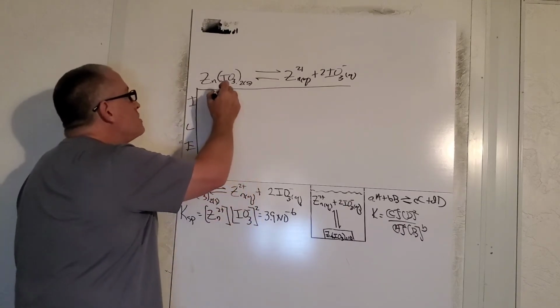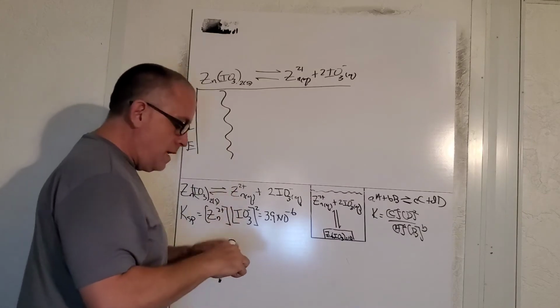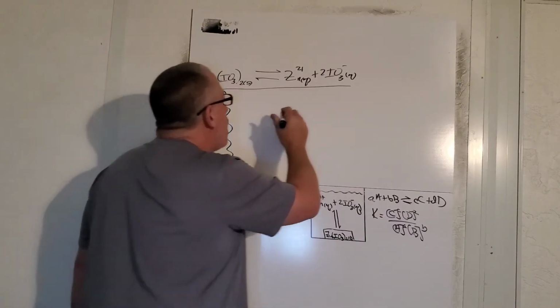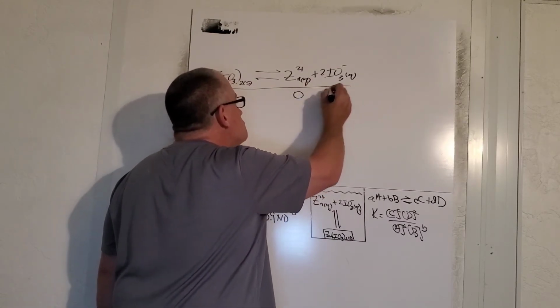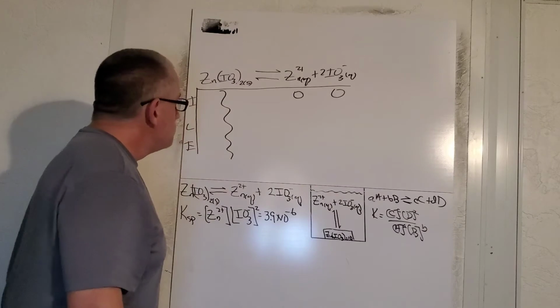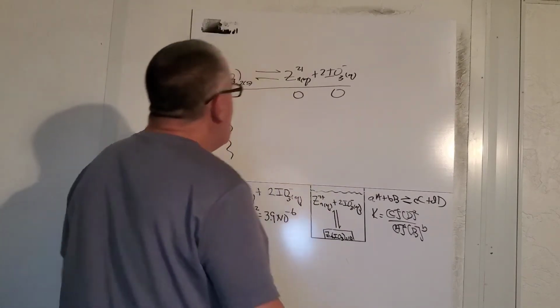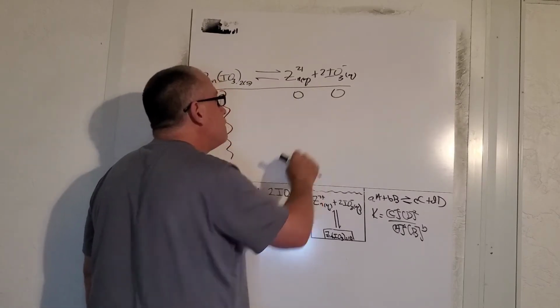Now, pure solids and pure liquids are not factored into the equilibrium constant. And when I put this in pure water, the initial concentration of this is 0, and the initial concentration of that is 0. Now, when we do an ICE chart like this, we would expect to put plus X and plus 2X.